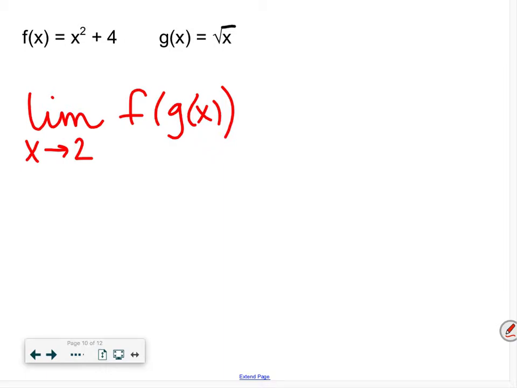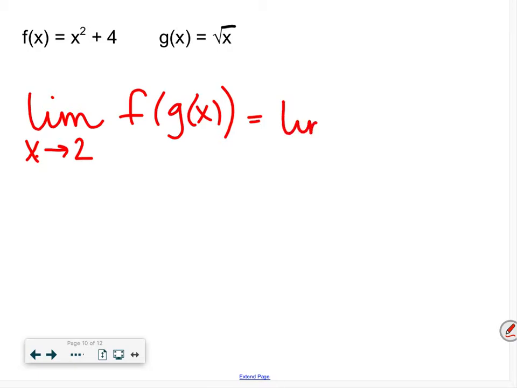So if I ask you for the limit of a composition, I first want you to consider, just like we would any other time, what's the limit as x approaches 2 of the inside function? So what's the limit as x approaches 2 of radical x? Radical 2.